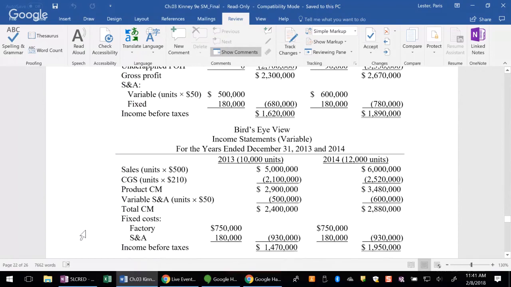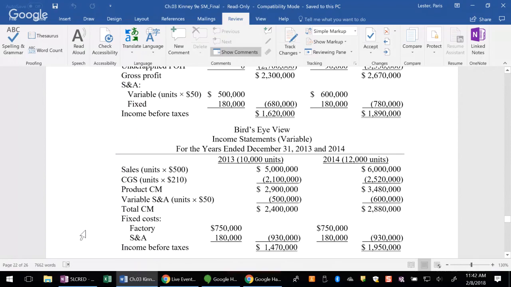Your income under absorption is 1,620. But your net income under variable is 1,470. First off, take the 1,620 and subtract out the 1,470,000. That's $150. Now, let's see where that 150 comes from if we can.